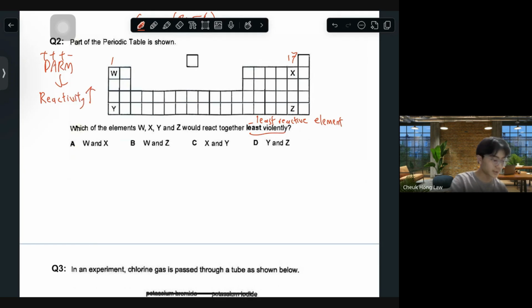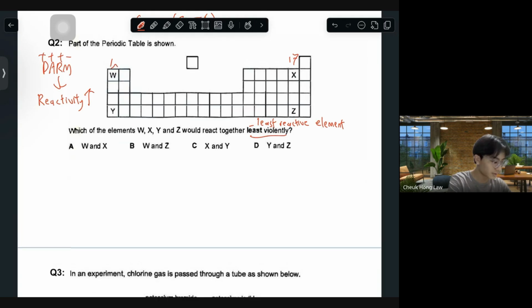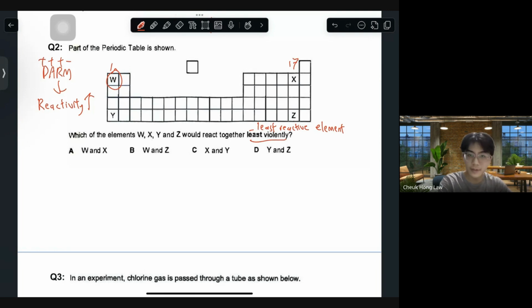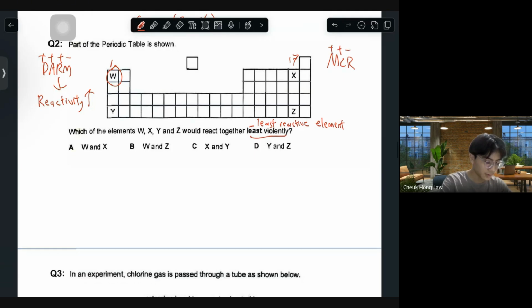Reactivity increases down the group. So which one is your least reactive metal? W. W will be less reactive than Y. Then for group 17, you have X and Z. The trend is that reactivity decreases down the group.